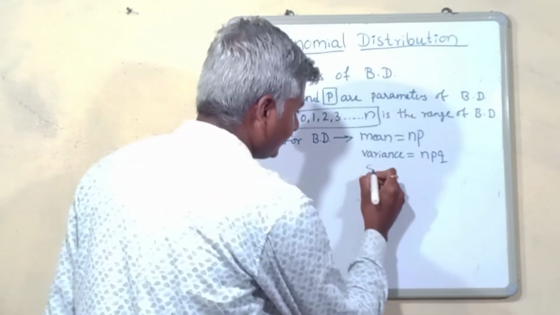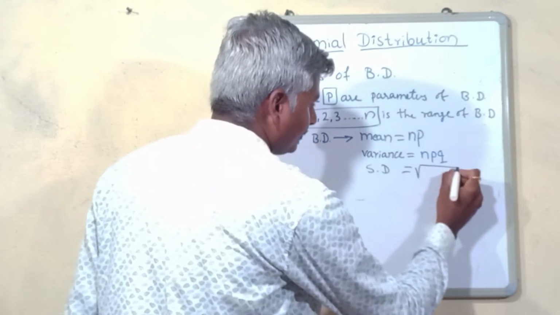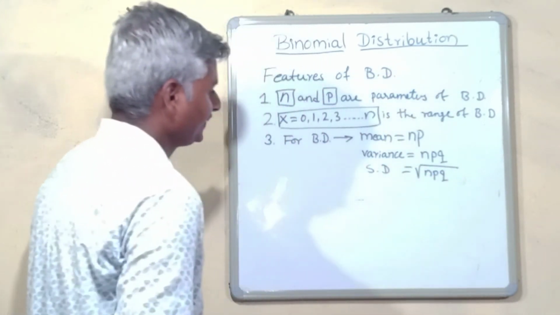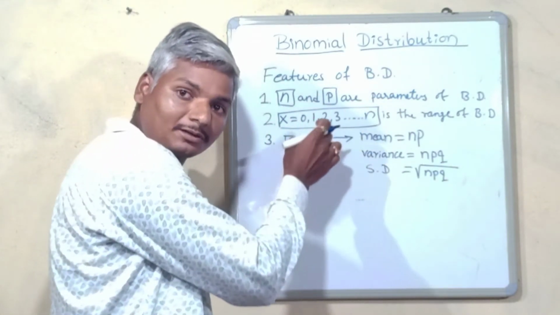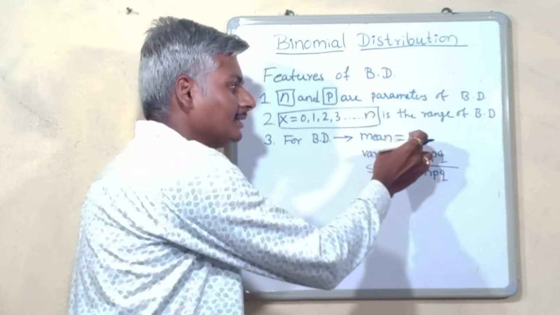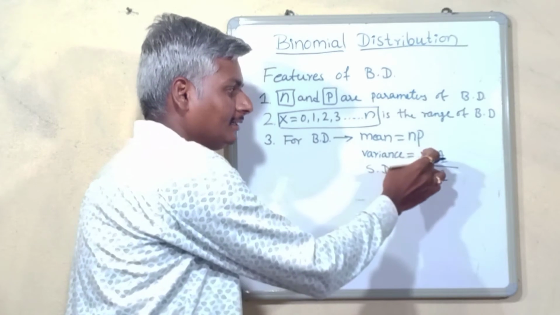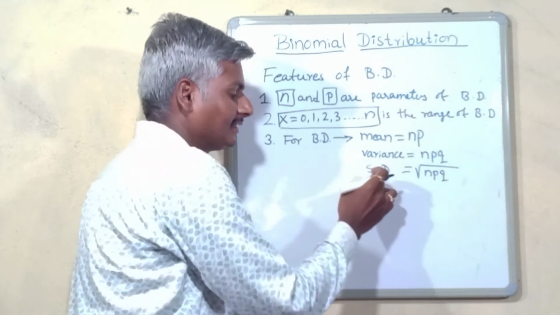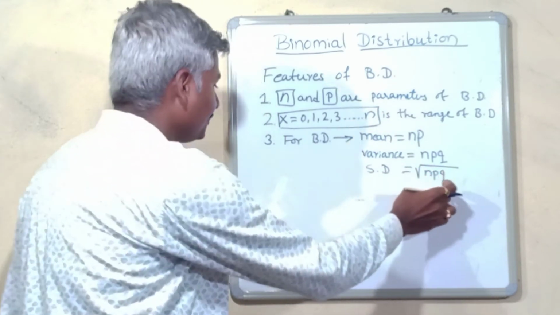Then standard deviation equals root npq. So for the binomial distribution, the mean is n into p, that is np. Variance is n into p into q. Then standard deviation is root npq.